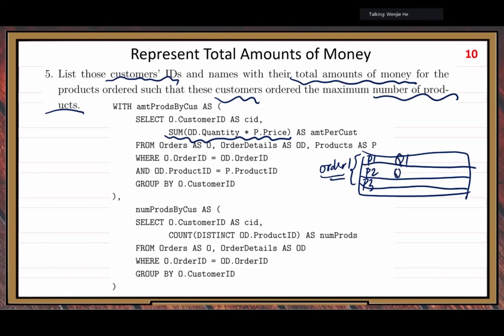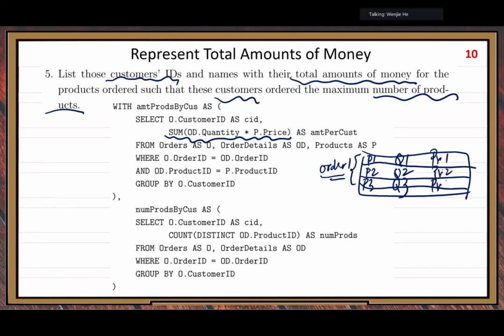Product 2, quantity 2. Product 3, quantity 3. But product 1 has price 1. Product 2 has price 2. Product 3 has price 3.